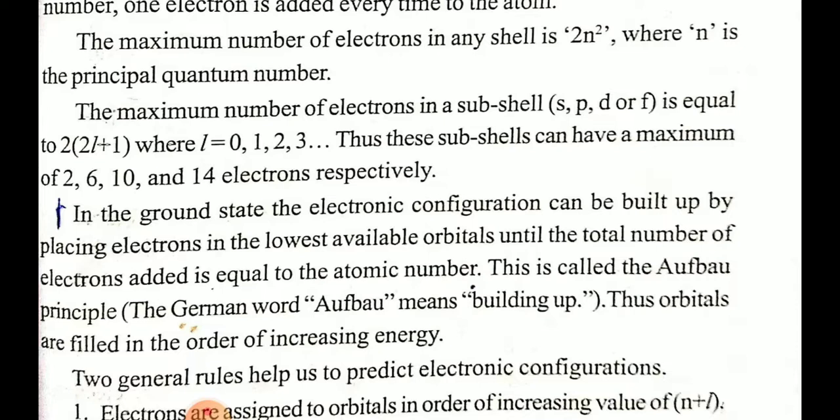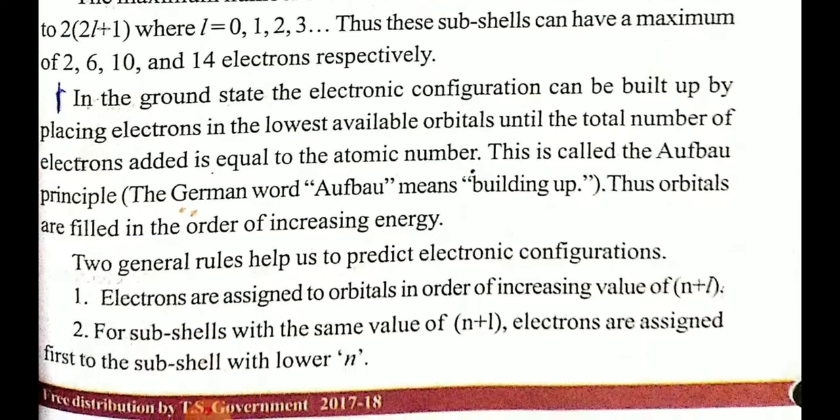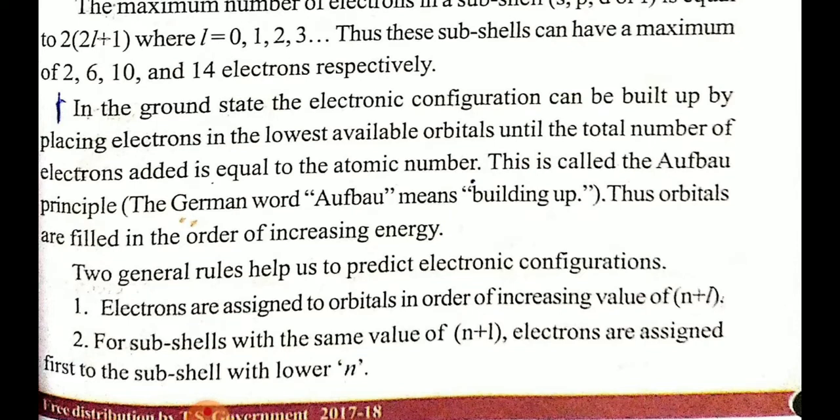This means the lowest energy level is the first shell, and the energy level of the second shell is more than that of the first shell. The energy level of the third shell is greater than these two, the first shell and second shell.